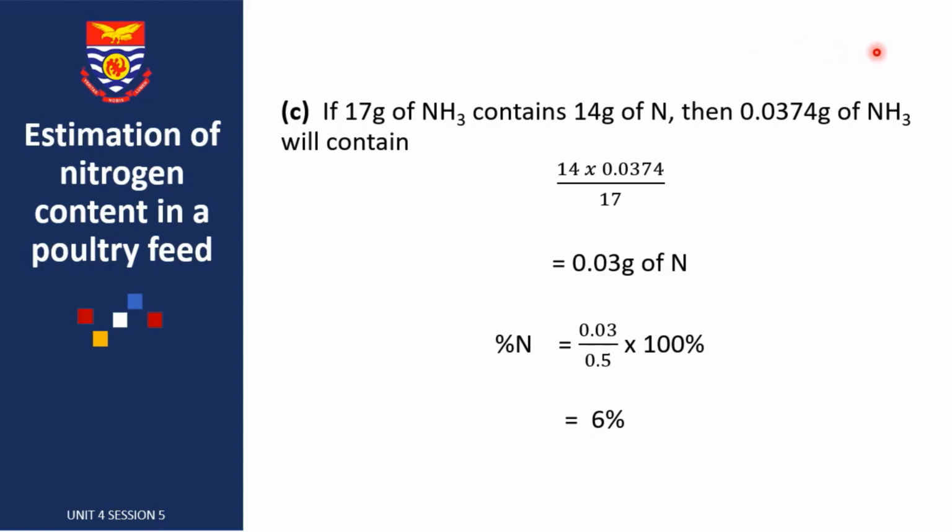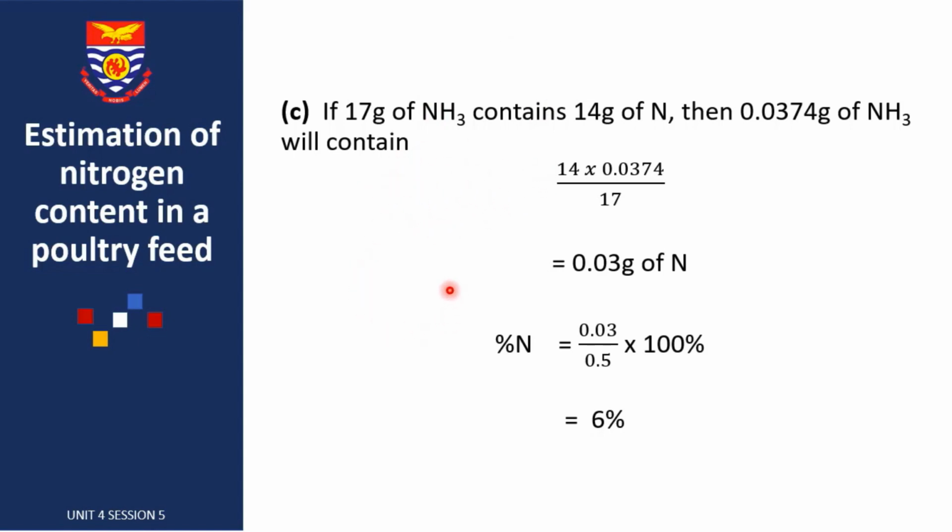the 0.0374 grams of the ammonia that we have calculated will contain how many grams of the nitrogen? So if 17 is equal to 14, then 0.0374 is equal to x. We find the value of x, and that gives us 0.03 grams of the nitrogen. So this is the mass of the nitrogen in the feed.